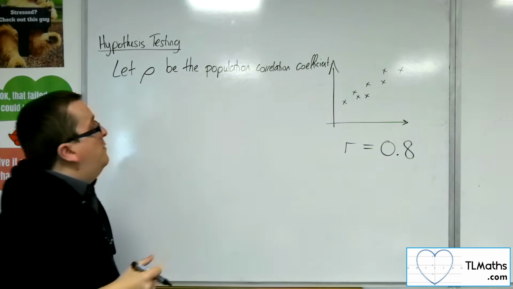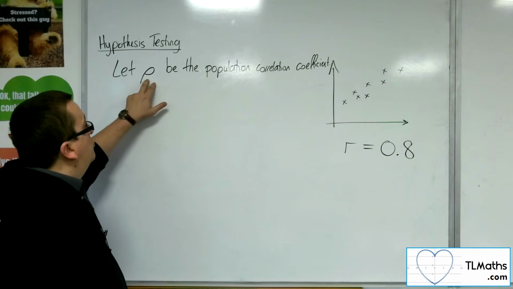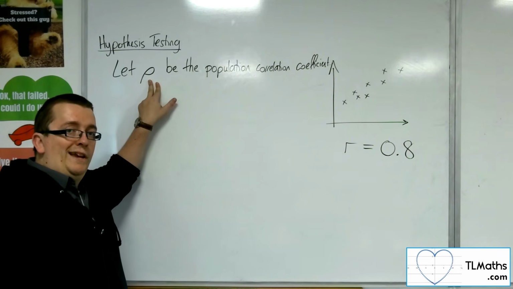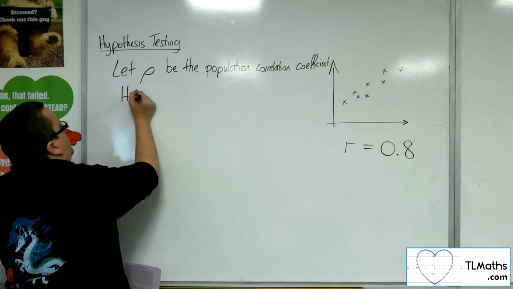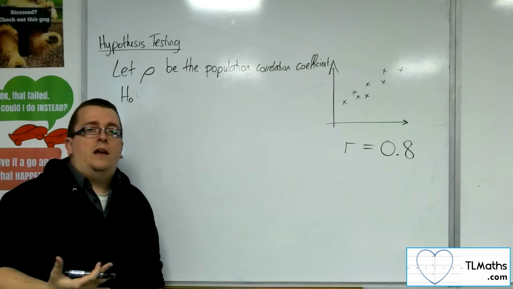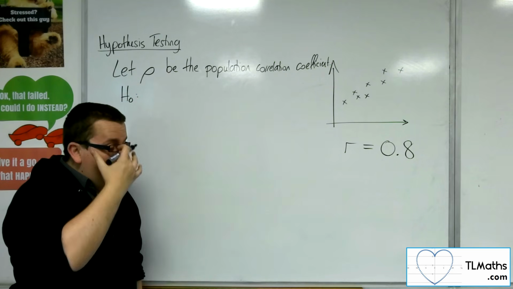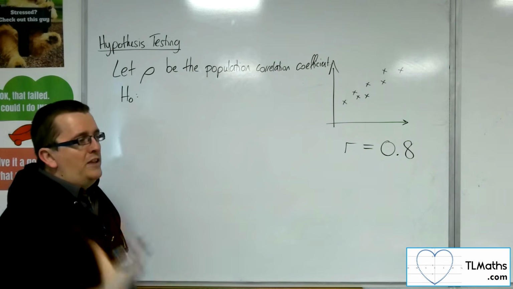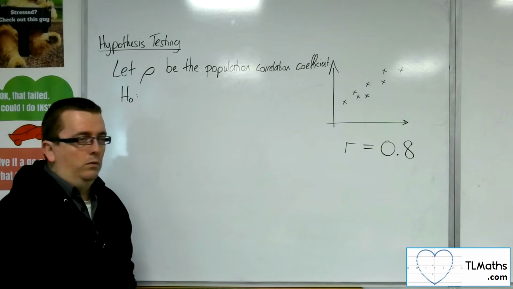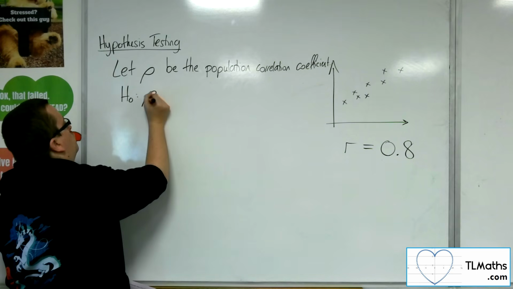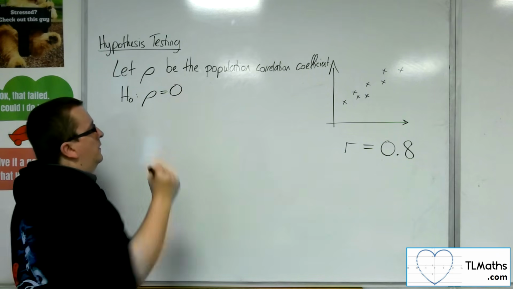This represents how correlated the whole population is. The null hypothesis that we start from for these hypothesis tests is to play devil's advocate and say that there is no correlation at all. So we say that rho is 0.